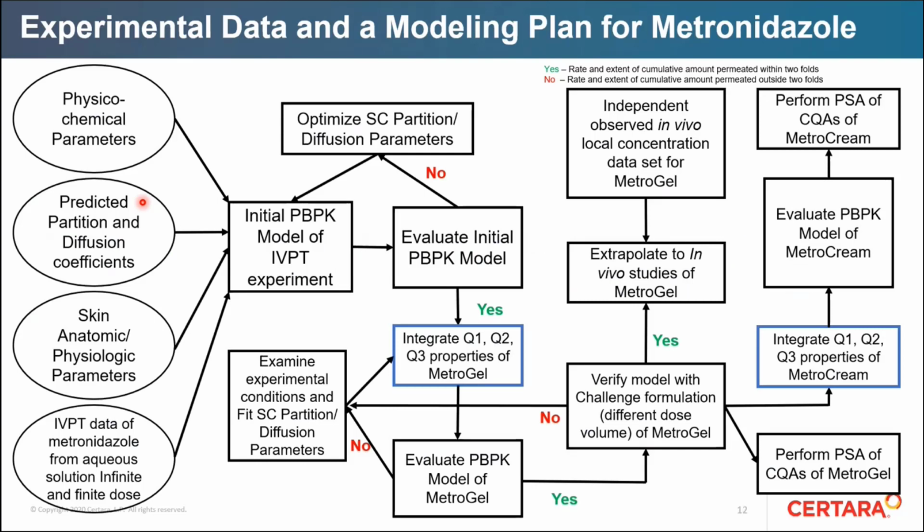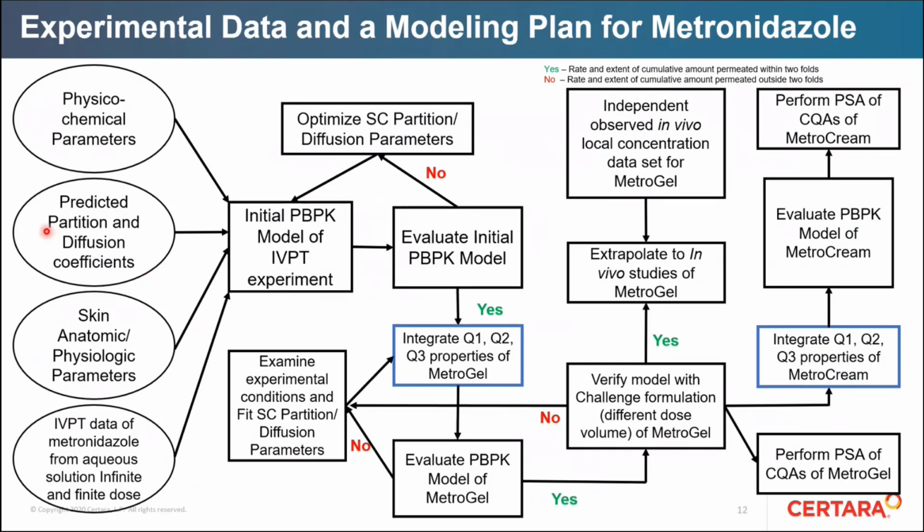This is the workflow which we adopted, and I'm going to take you through it in a minute. This is the workflow which we adopted for modeling metronidazole exposure in the skin. So we started with collecting physicochemical parameters of metronidazole like molecular weight, log P, pKas. We used QSARs as I indicated initially, and there is a lot of research ongoing on which QSARs are the most appropriate to use as a starting point.